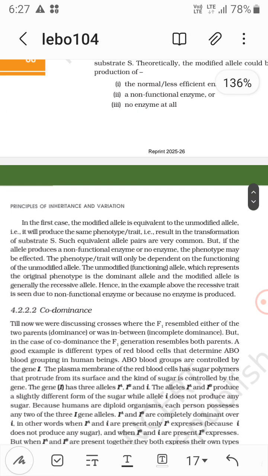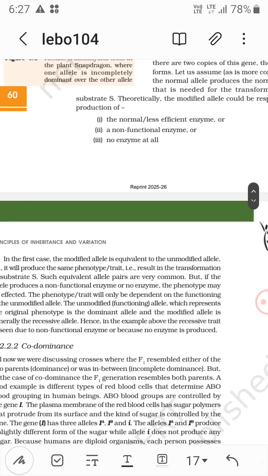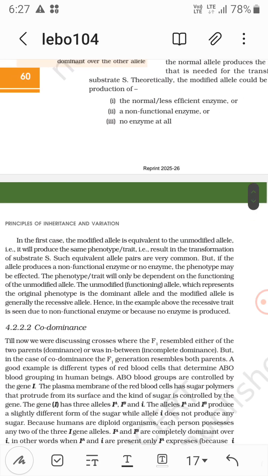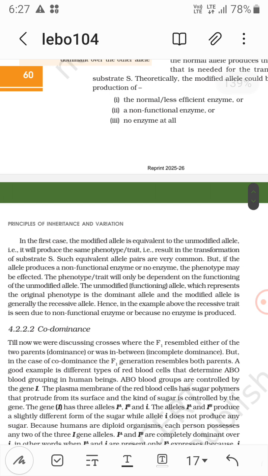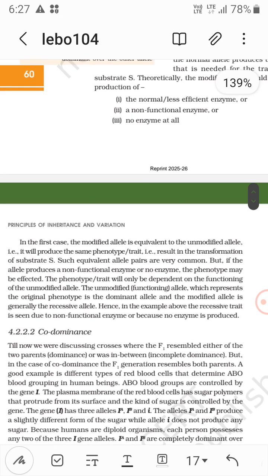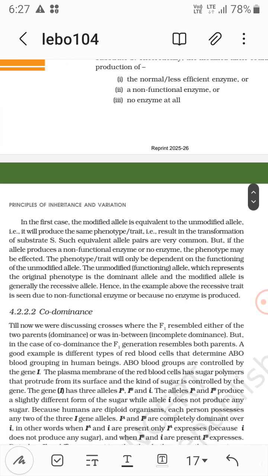In the first case, the modified allele is equivalent to the unmodified allele, so it will produce the same phenotype, resulting in the transformation of substrate S.